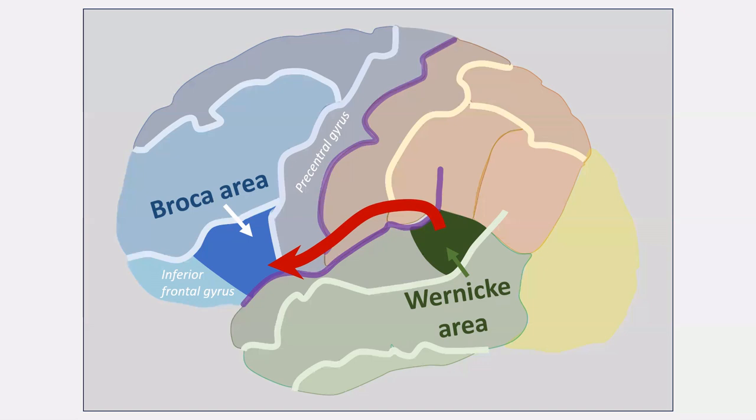The two are connected by a white matter tract, the arcuate fasciculus. This model is so easy and so simplistic that it truly cannot be right. There has to be more to it. This is so logical because language, if you look at it from a linguistic or psychological point of view, is so complicated.